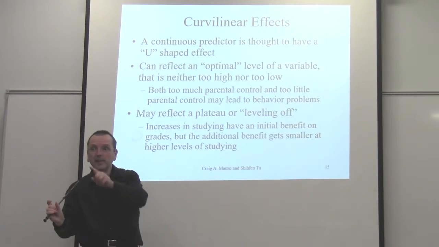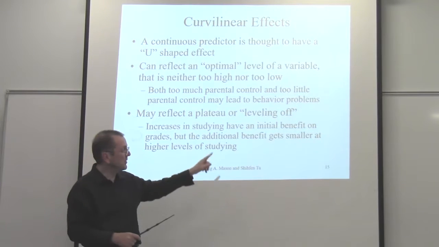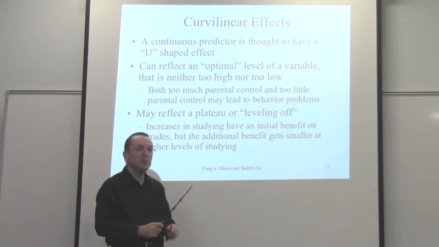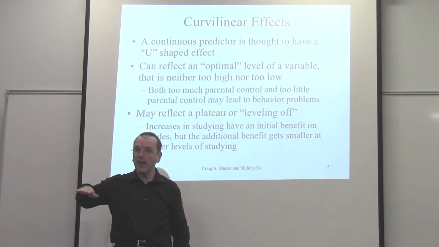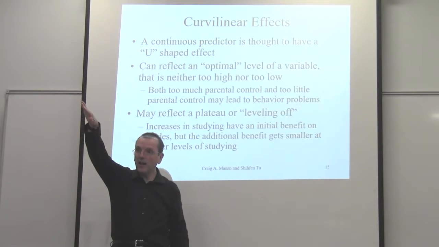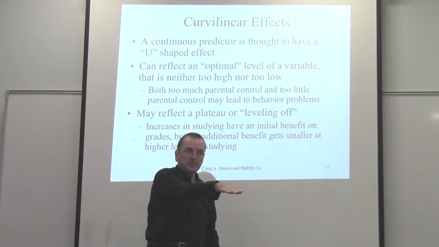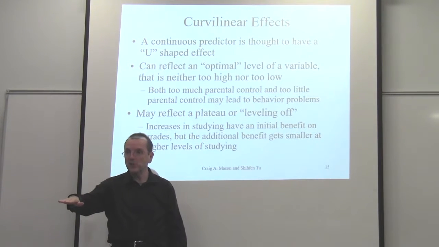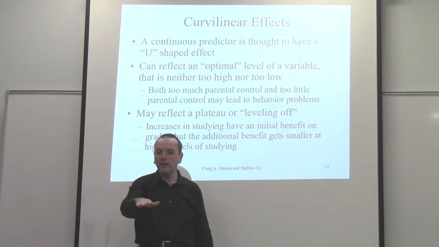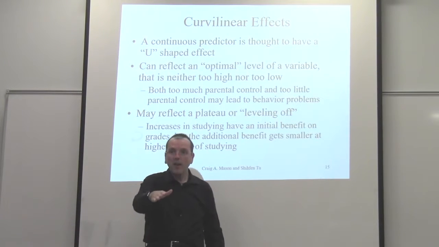Because of that, it's impossible to have an effect that comes down, down, down, and then levels off. Or maybe my intervention has no effect, no effect, no effect, and then it starts to have an effect.